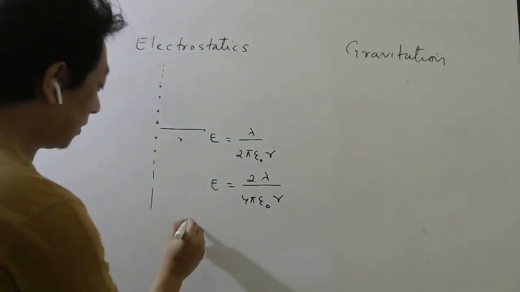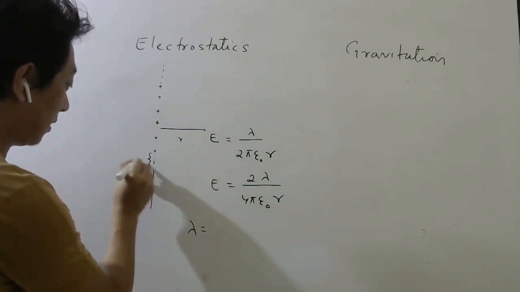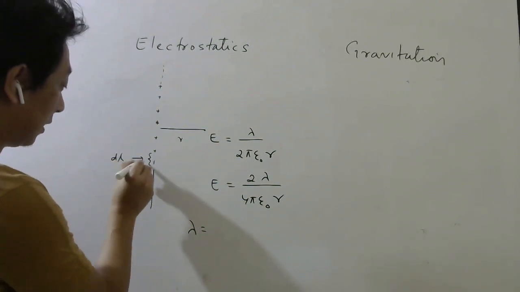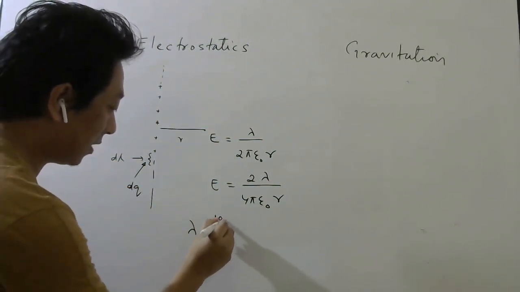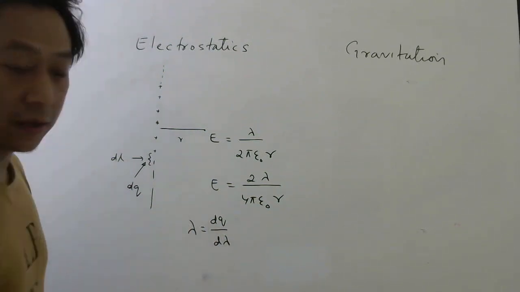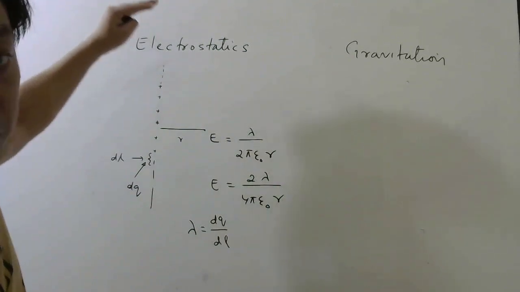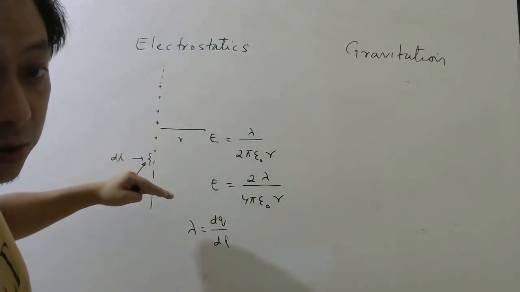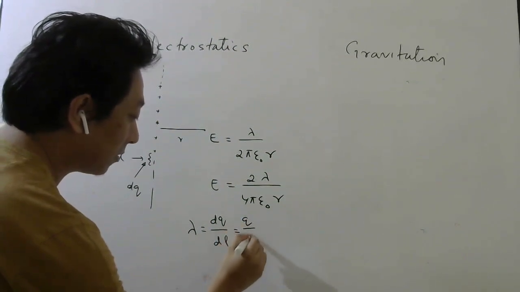And lambda should be clearly understood as, suppose you take some length here, dl, and in that dl the charge is, let's say, dq, and lambda is dq by dl. Now, if lambda is uniform, and in this problem we have used a uniform distribution, then I can simply write it as Q by L also.